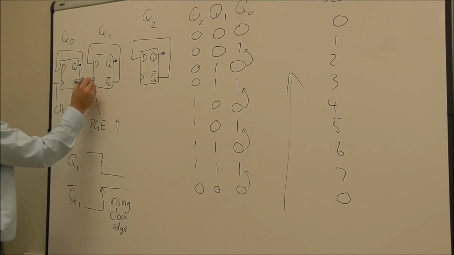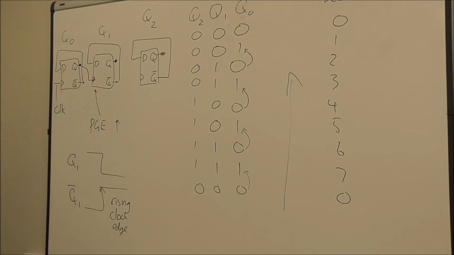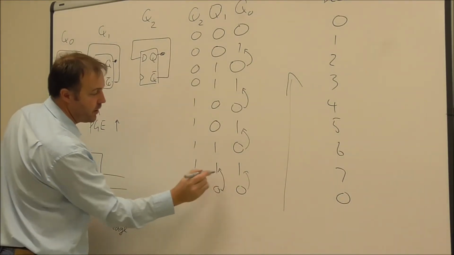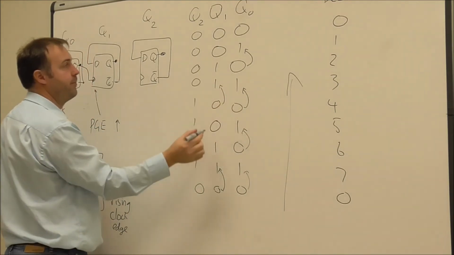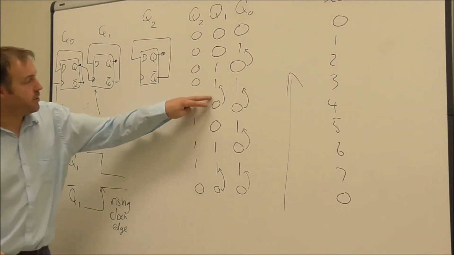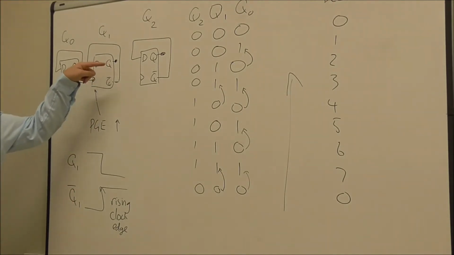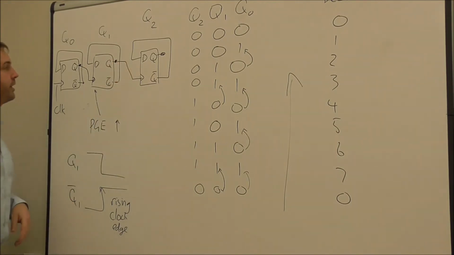So if I want to make it a down counter, all I do is I connect the clock onto Q instead. Likewise here, this one changes when it goes from 0 to 1. This one changes when it goes from 0 to 1. So we see this 0 to 1 output change here is a rising clock edge, and so I connected on that one.